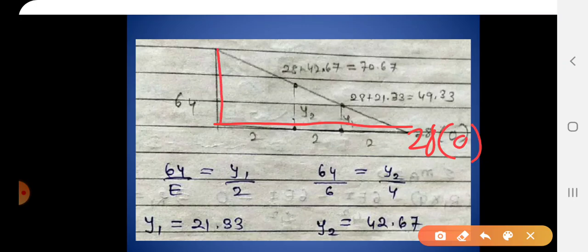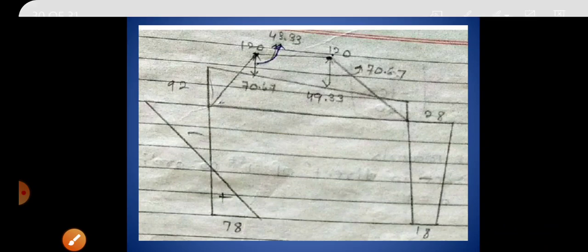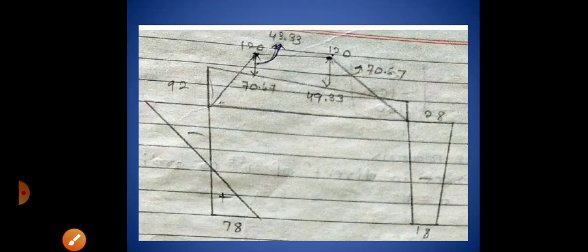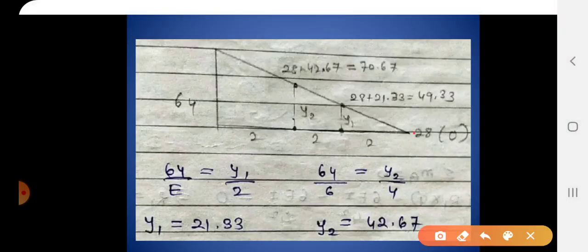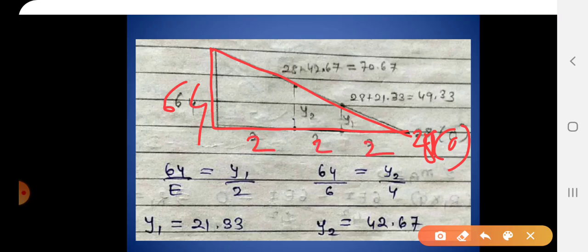Okay, and here what was remaining? What was this value? 92. Okay, so 92, this 28 is 0, and therefore 92 minus 28 is 64. So this is our triangle in consideration: 64, 2, 2, 2. Okay, so this ordinate, let us say y1.